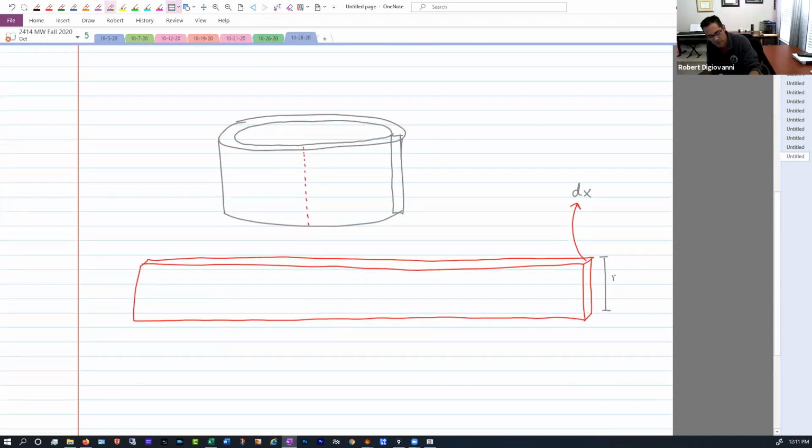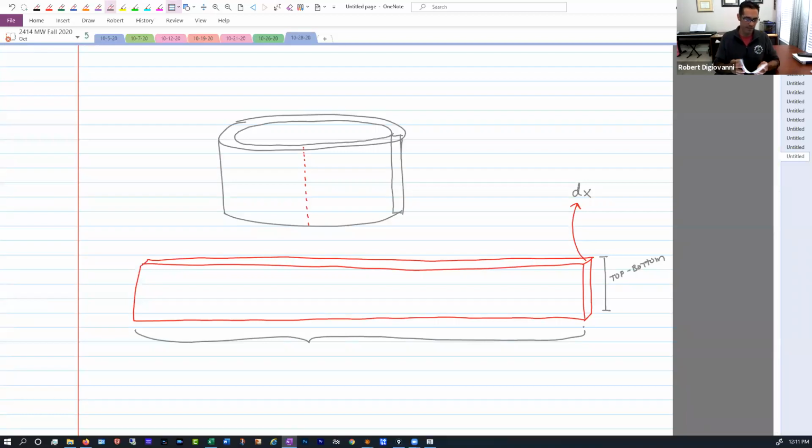Okay, so this is just the top minus the bottom. The trickiest part is to figure out how long it is. All right. So to help you see this, I brought a visual aid with me today.